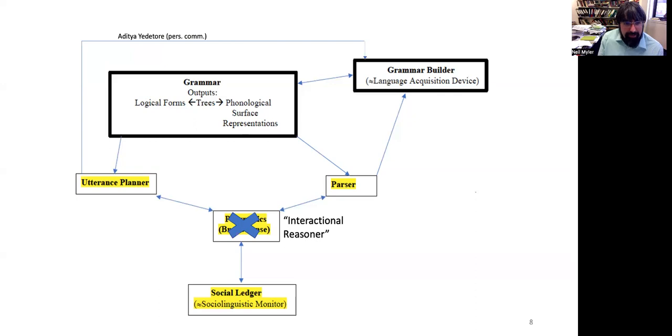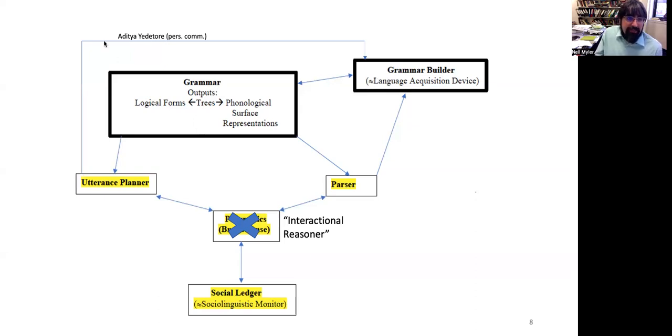By having something called pragmatics broad sense, which is not part of the grammar, I might have been suggesting unintentionally that I rejected those approaches. So that's part of it. The other change here is a direct linkage between the utterance planner and the grammar builder. So the grammar builder is roughly Chomsky's language acquisition device, or at least that part of it that is responsible for creating grammatical rules.